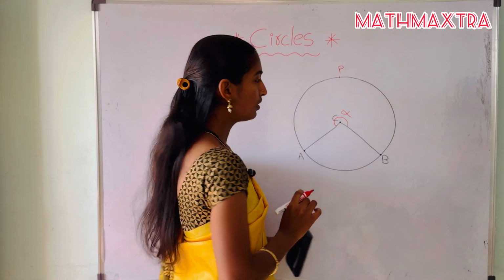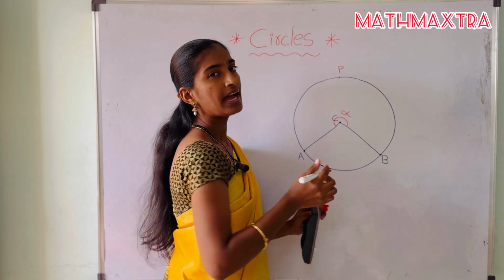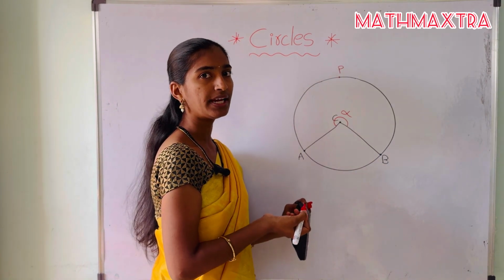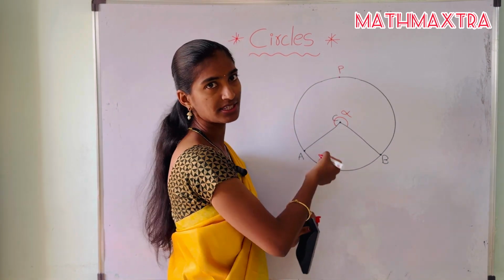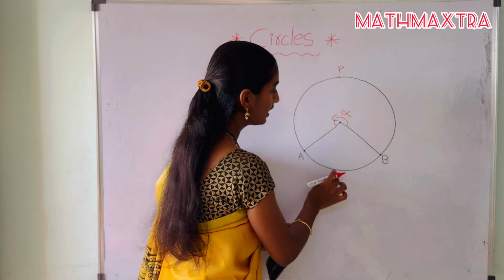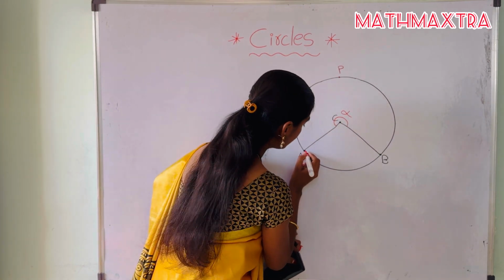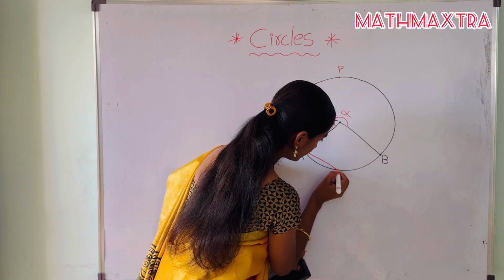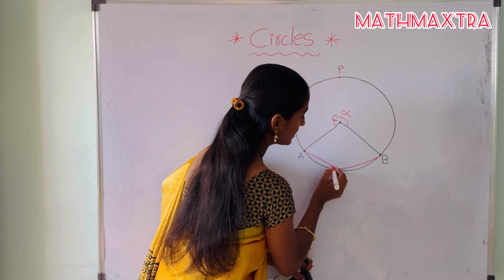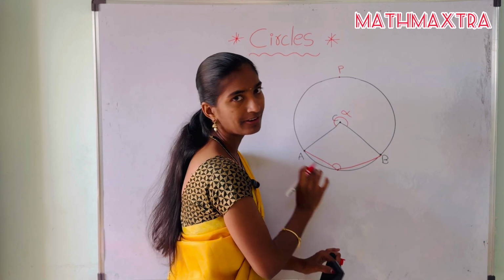And the same arc APB subtends an angle at any other part of the circle, right? So, this is the arc and this is the other part of the circle. This is any point on the other part of the circle, and this is the angle this major arc makes there.